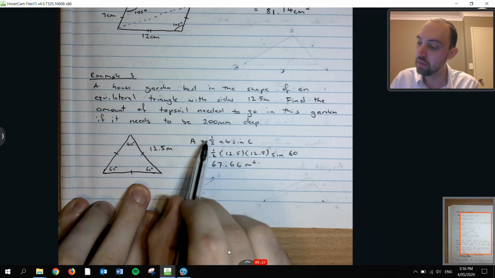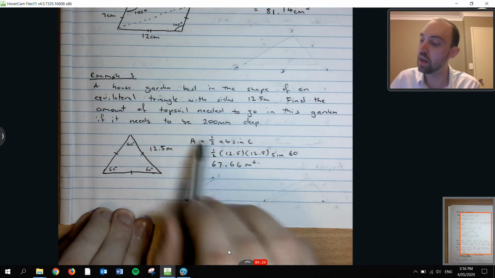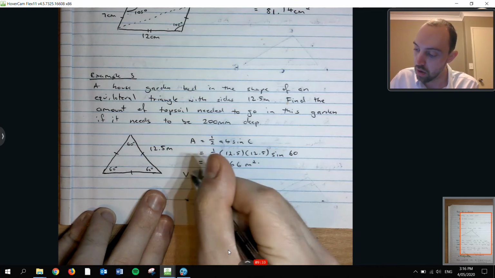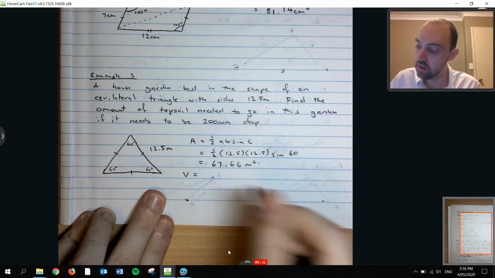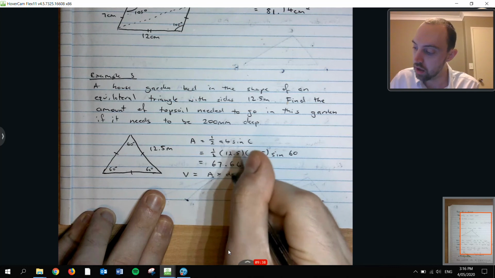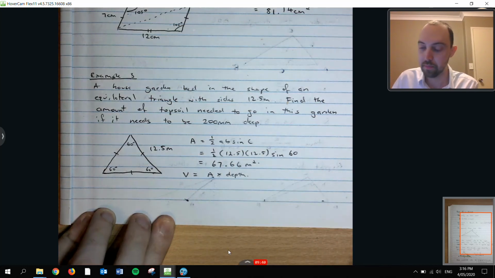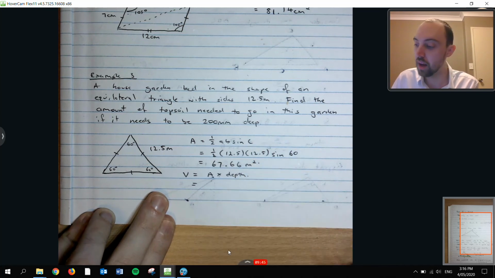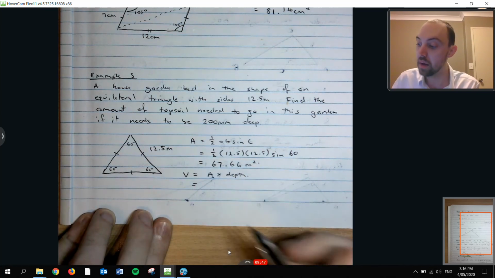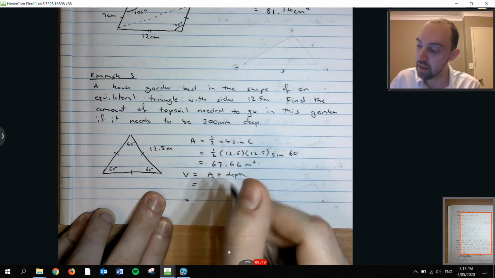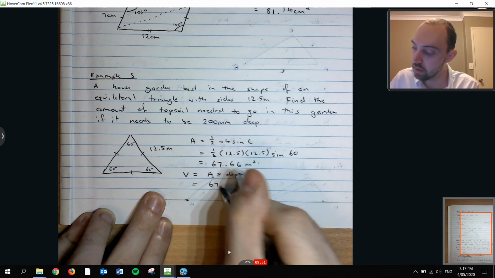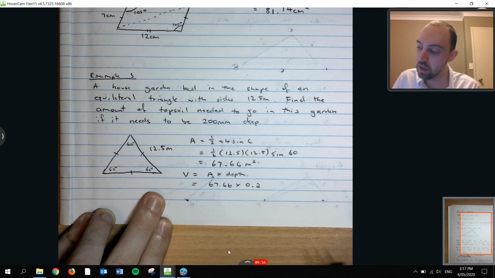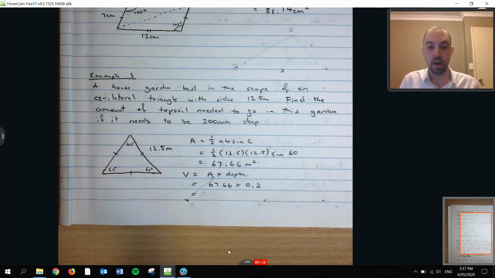And we want to find out the amount of topsoil needed. It's got a depth here, so we're going to be working out the volume. Volume is equal to my area times the depth. So my previous answer, which I would like to not round, so I'm going to carry that in my calculator, but the depth needs to also be in meters, so 67.66 times 0.2 meters.